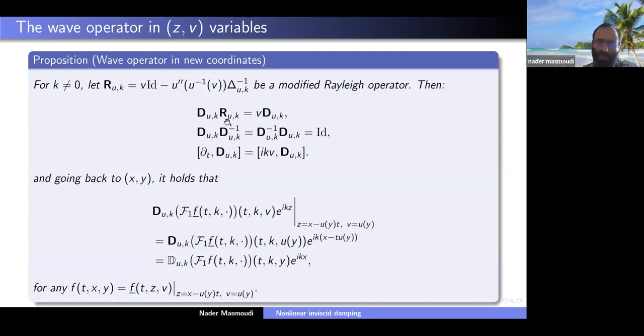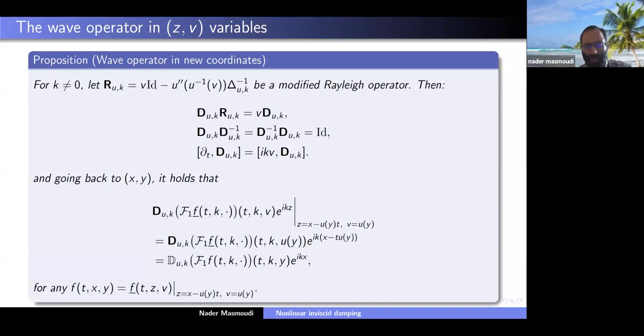This is what at the end we want. After a little bit of work, it turns out that what we want for this wave operator is some sort of change of coordinate of this D_UK that I mentioned earlier. So one can construct this.